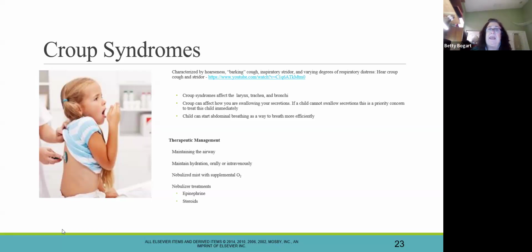That's it. And we want to give steroids and epinephrine. Now, epinephrine is usually given in an aerosol. So the epinephrine goes right into the mouth, into the airway, and right onto whatever's swollen in there. And it works well, and of course, with the steroids.